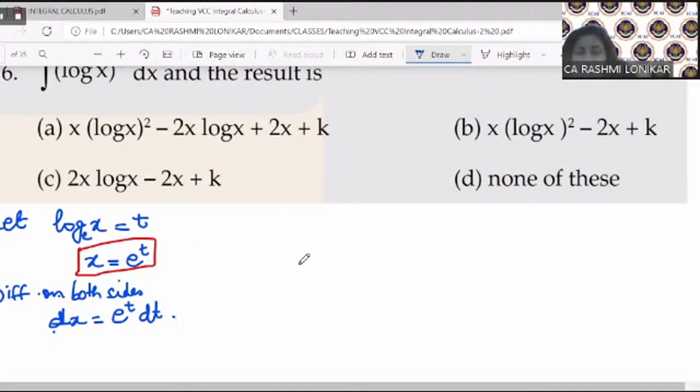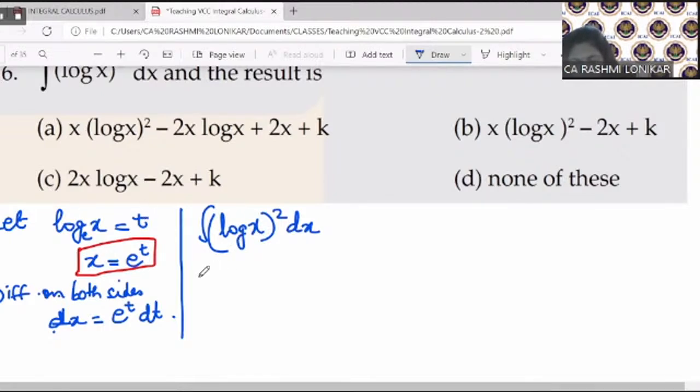So what will be my question now? I have the integral of (log x) whole square dx. For log x, I will write t. So this is equal to the integral of t square, instead of log x I am writing t, and instead of dx, I write e raised to t dt.